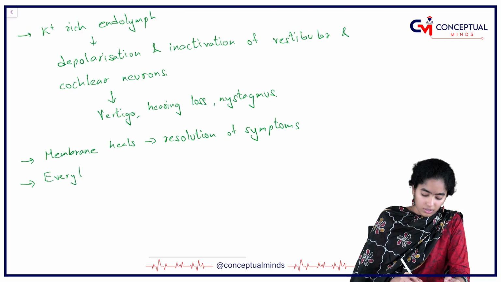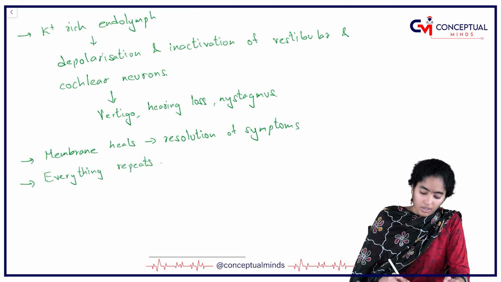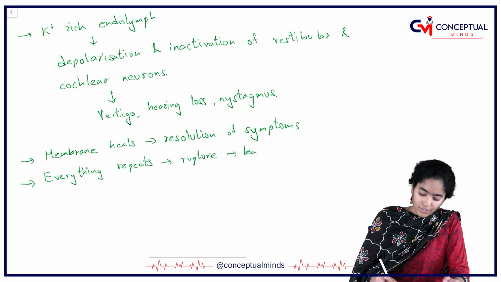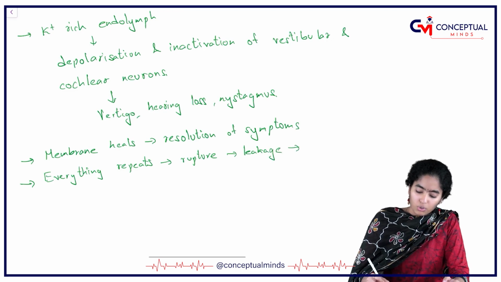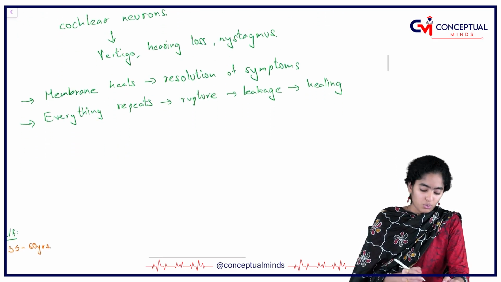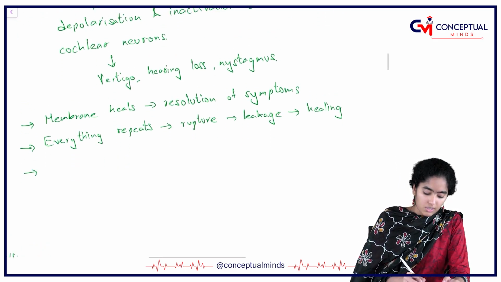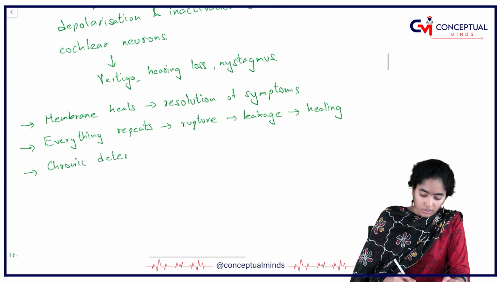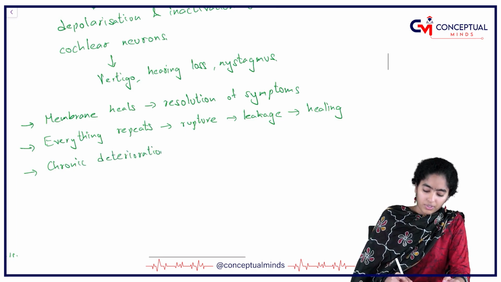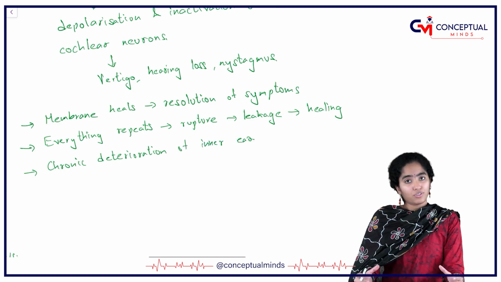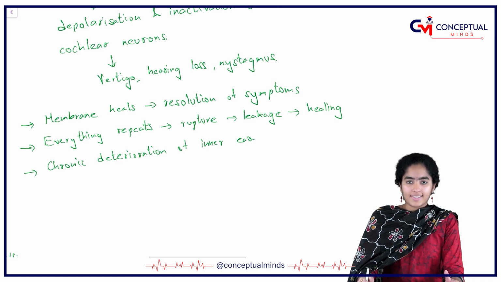Everything repeats and again there is rupture, again there is leakage, followed by healing. After many such episodes, there is chronic deterioration of the inner ear. This is about the pathophysiology of Meniere's disease.